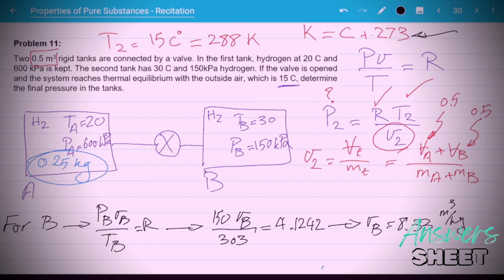Now, using the equation mass is volume over specific volume, we get that the mass of hydrogen in tank B is 0.06 kilogram. 0.06 kilograms of hydrogen is in tank B.